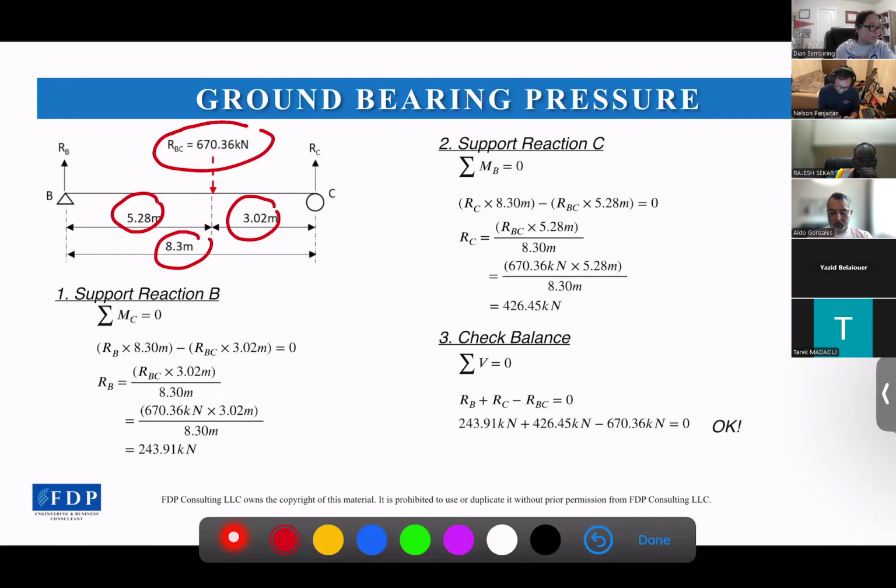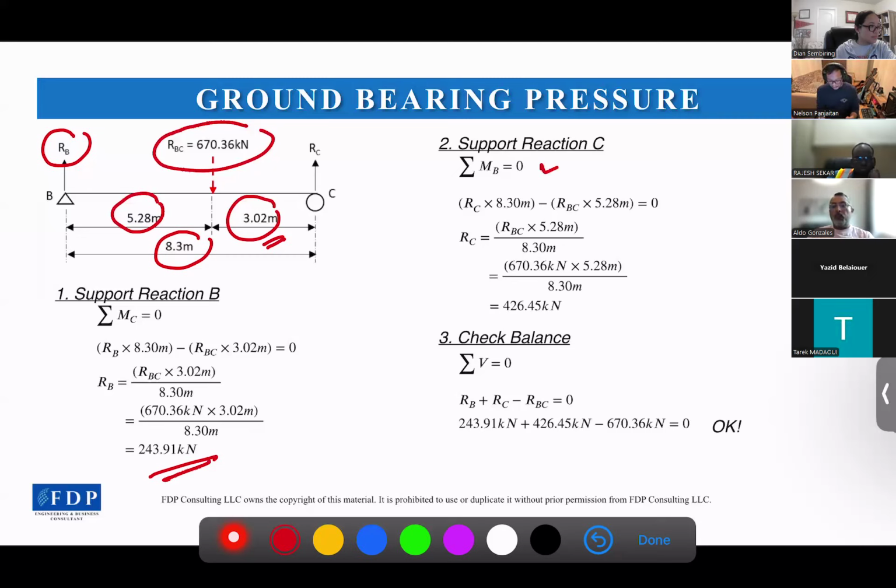If we want to get the reaction at B, then we use total moment at C equals 0. And what is the moment at joint C? They are RB times 8.3 meters, the distance to point C, minus RBC times 3.02 meters. So we get the reaction at B is 243.91 kilonewton. Same with the reaction at C, we use total moment at B equals 0.